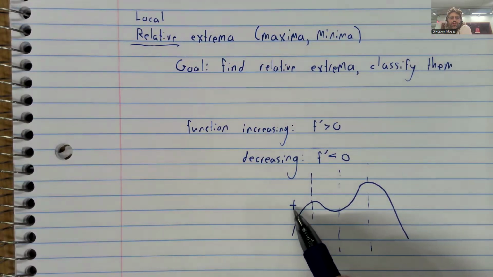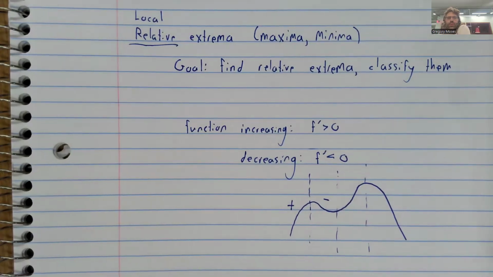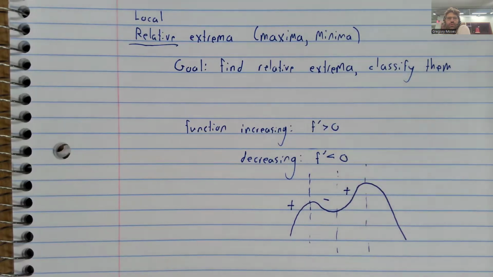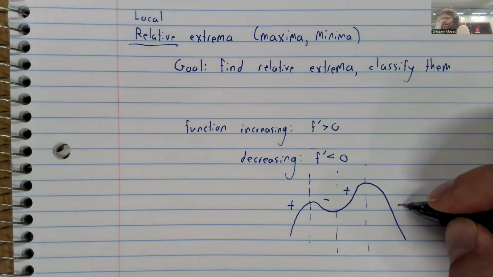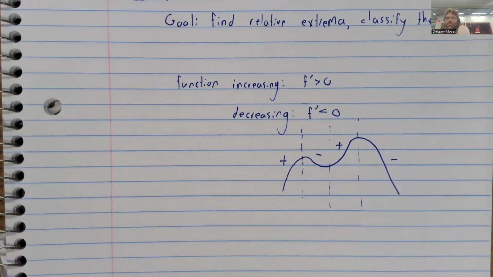The derivative is positive on the first interval where it's going up. It's negative on the second interval where it's going down. It's positive on the third interval where it's going up. It's negative on the fourth interval where it's going down.